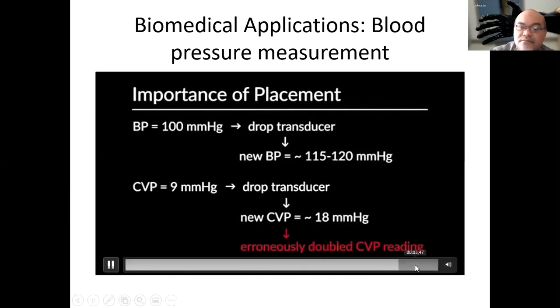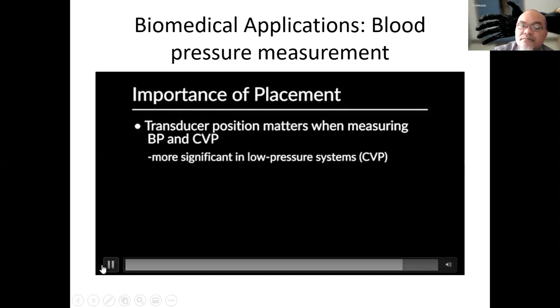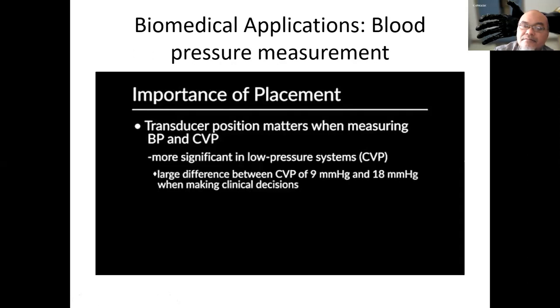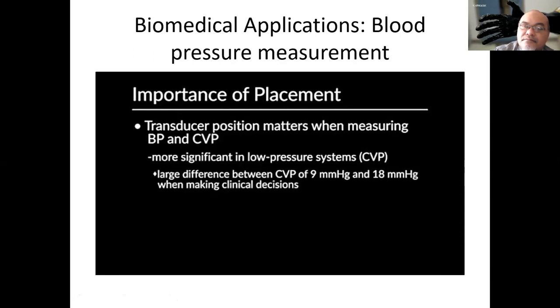The point being that the position of a transducer is important in both instances, but when you're measuring pressure in low pressure systems, such as the CVP, it really makes an enormous difference. If you're using the CVP to make clinical decisions, there's a big difference between a CVP of 9 and a CVP of 18.